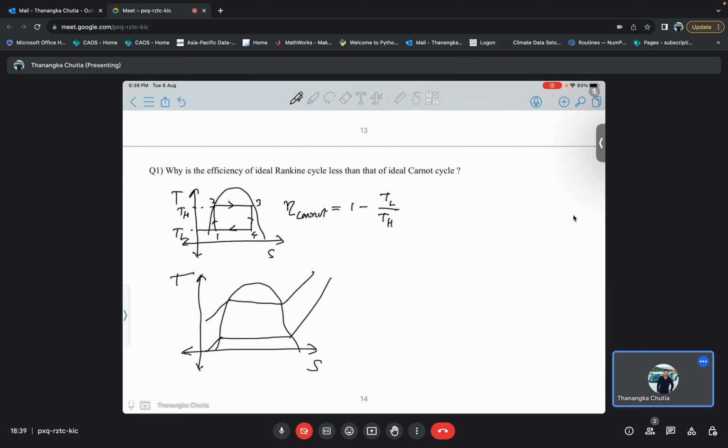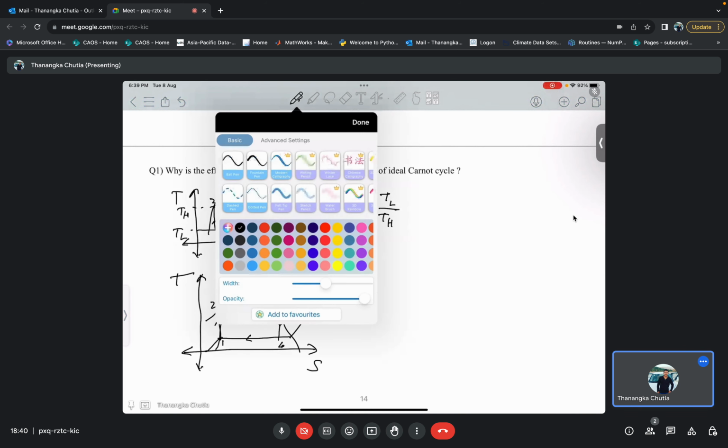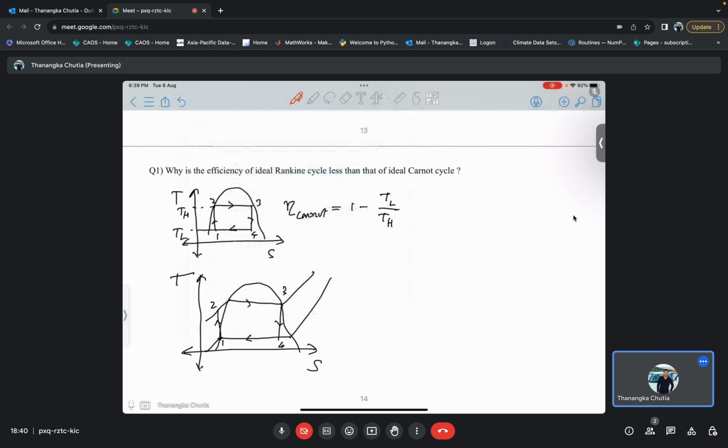Remember these are constant pressure lines. In this case the low temperature is constant, equal to the original TL value.